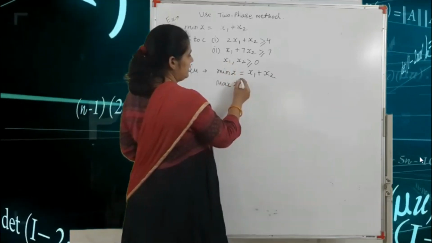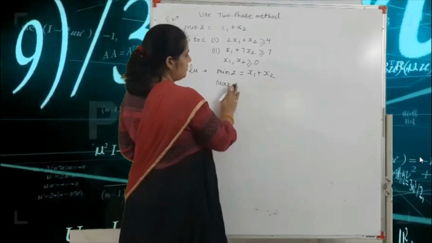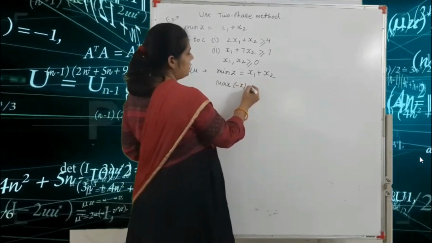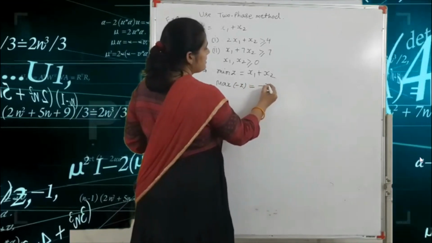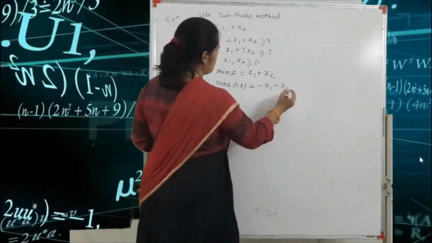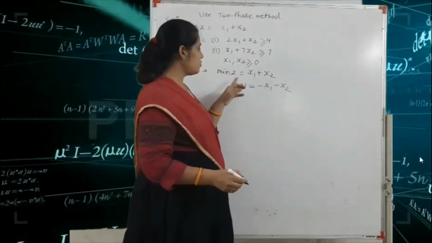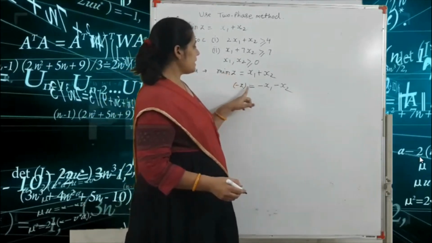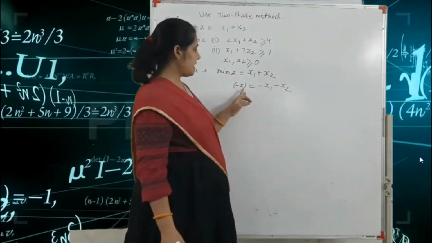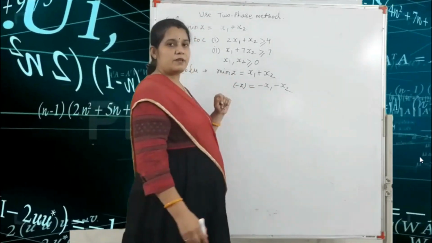That means we write minus z equal to minus x1 minus x2. Multiplying by the minus sign on both sides, minus z equal to minus x1 minus x2.